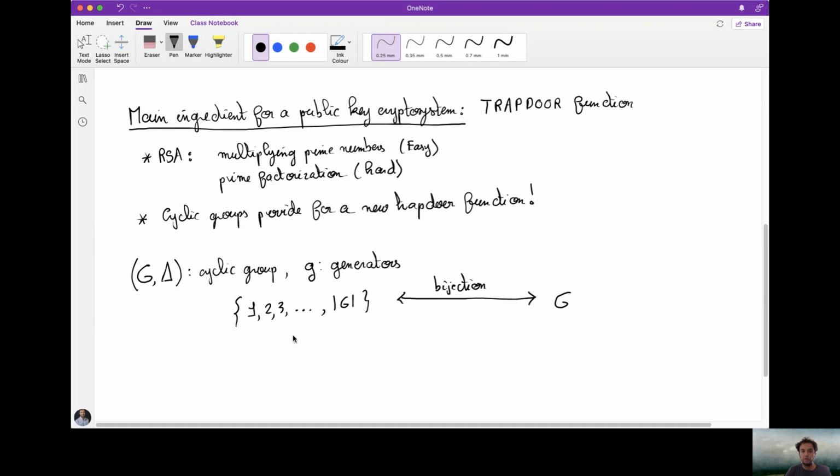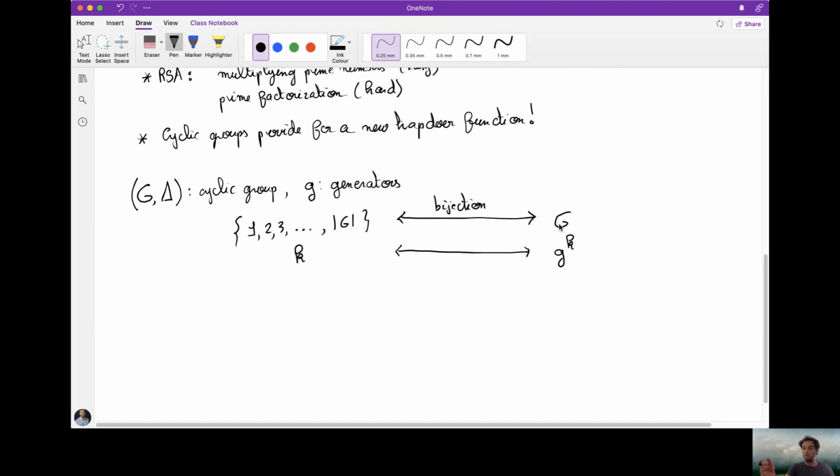And this bijection is the following. On the left hand side, you have the number k, and you associate to this the element g to the power k. That's the bijection. Now it turns out this bijection is a trapdoor function because one of the directions is very easy to compute and the other one is not.